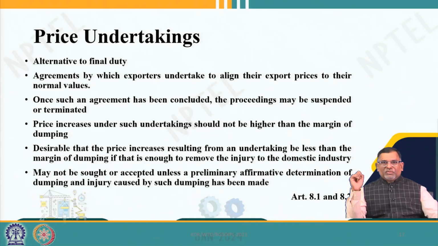And also the other factors which we discussed earlier, if the other factors are responsible for the problem or for the finding of dumping, then it cannot be considered. So, the price undertakings cannot be taken, or the provisional measures should not be imposed on the exporters.